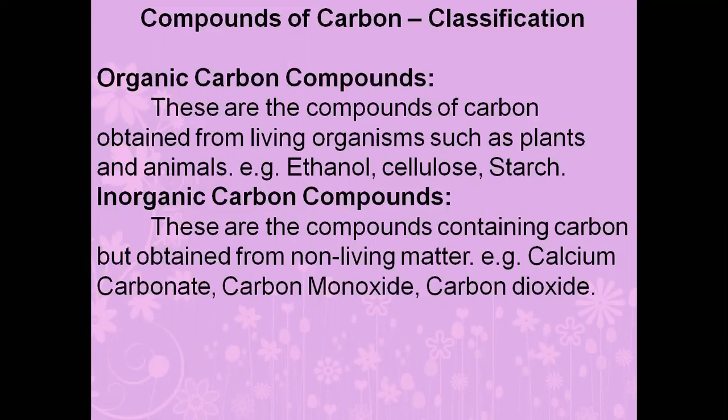Okay. So the organic carbon compounds are connected to other elements like hydrogen, oxygen, nitrogen, sulfur, etc. So the organic carbon compounds depend upon the nature of the elements connected with the carbon.